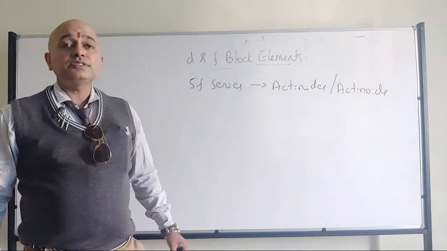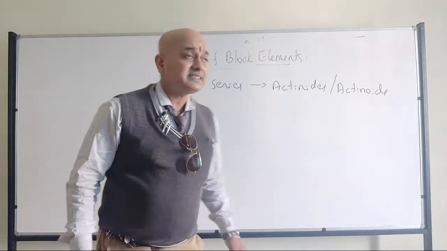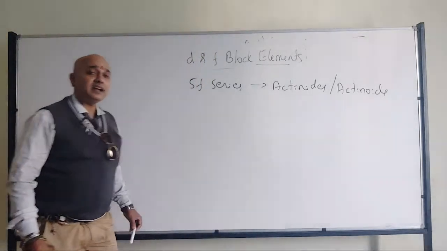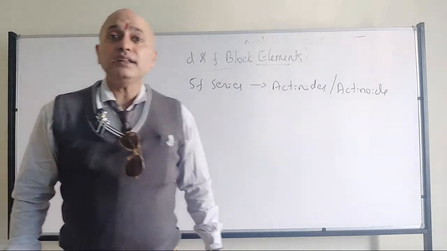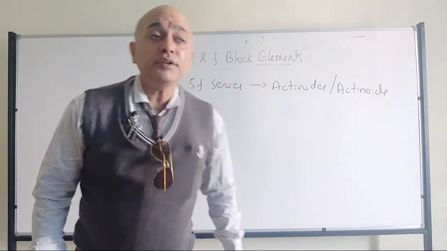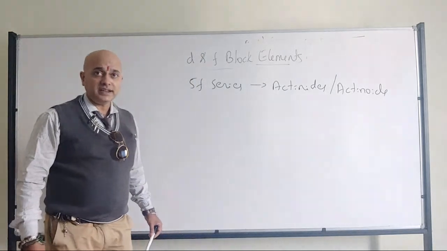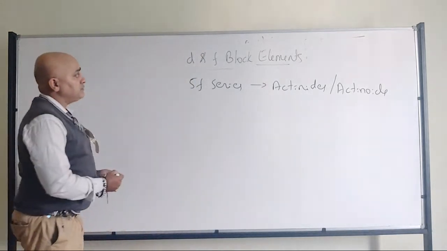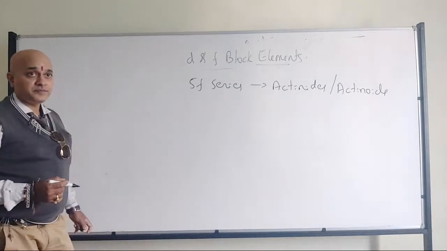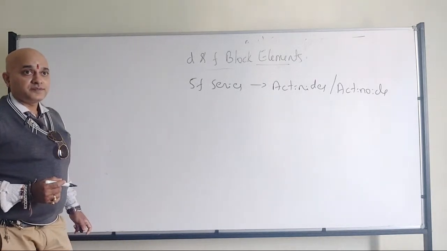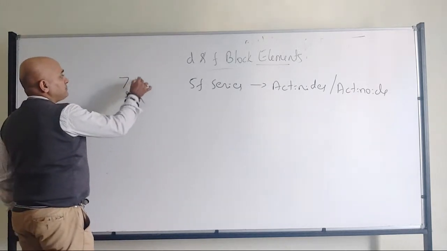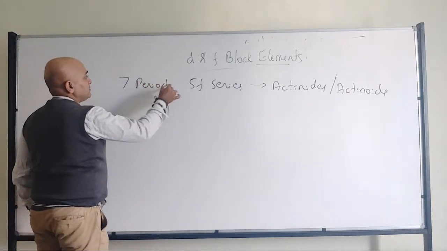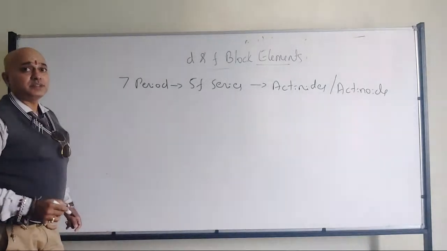Now when it comes to this particular series, why is it called the 5F series? Because there will be entry of electrons into the 5f subshell. Which period does it belong to then? It belongs to the 7th period.